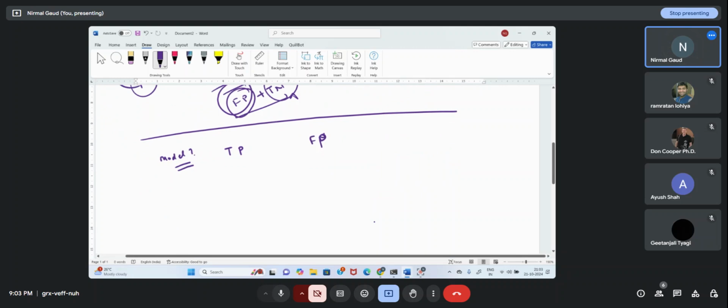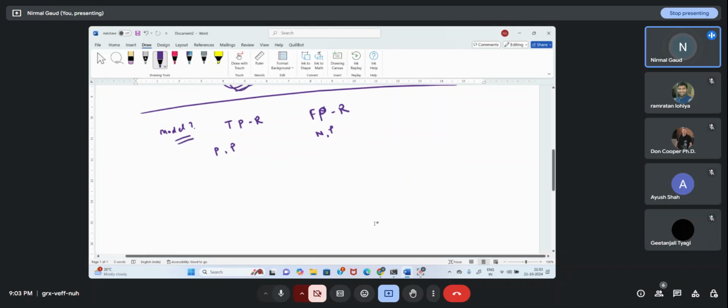In true positive, they are actually positive, and the model also classified them as positive. False positive means they are actually negative, but the model classified them as positive. That is why they are false positives. I am adding a rate, and a rate is obviously a ratio.